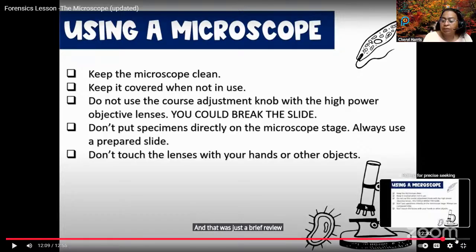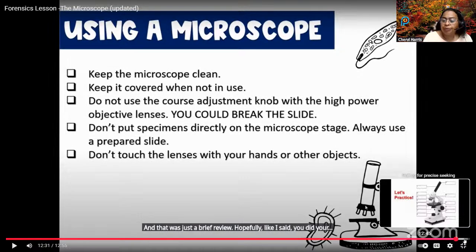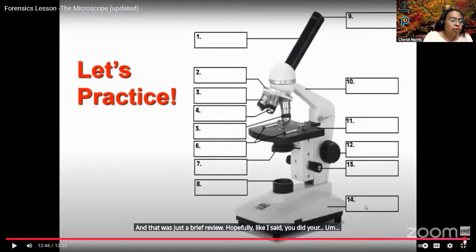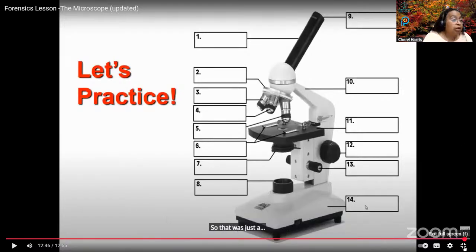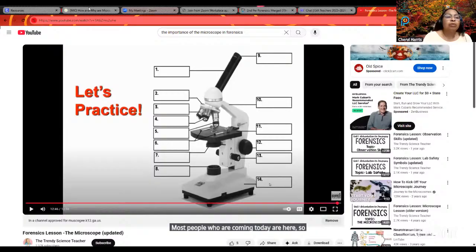Hopefully, like I said, you did your worksheet and you did the activity that was on the virtual site, which had you go through and actually use the microscope and label the microscope. So that was just a review. Like I said, I think most people who are coming today are here.